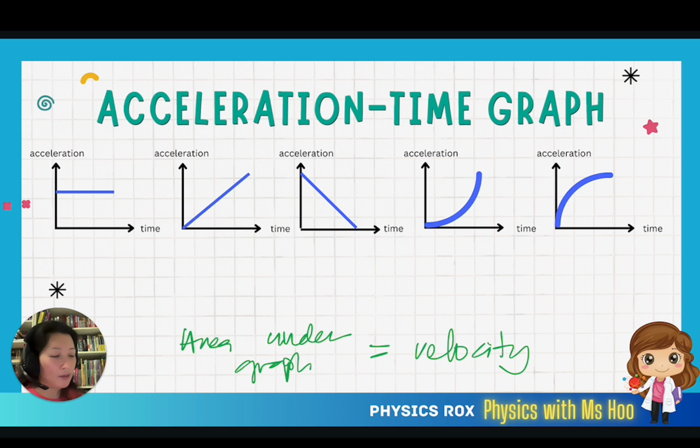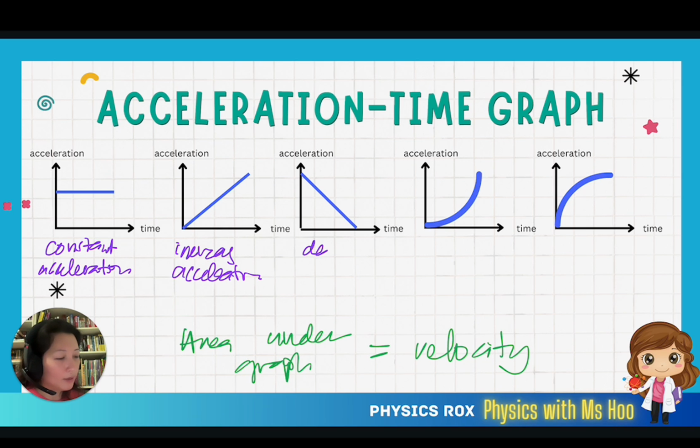Because there's no gradient to speak of, any analysis you need to do, you can do a general description in this case. So for example, for the first graph, this would be a constant acceleration, which means increasing velocity. This is an increasing acceleration, decreasing acceleration.